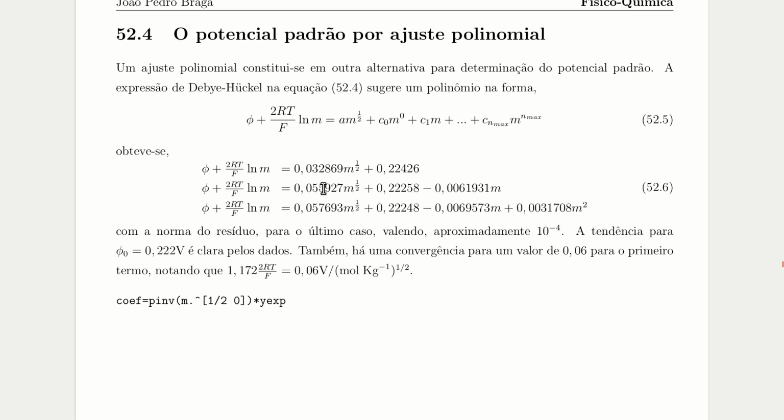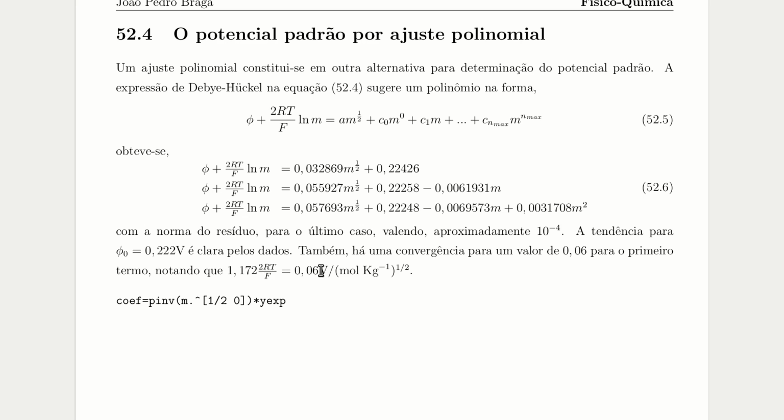And also this number here converges to, let's say, 0.057 or something, but not to the Debye-Hückel value, which is 0.06.